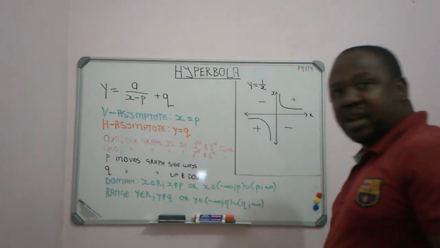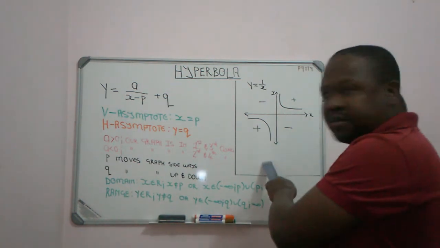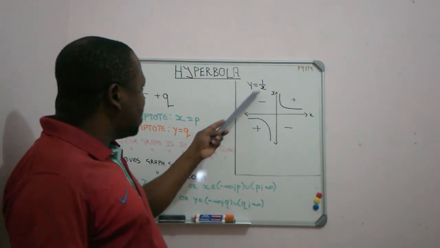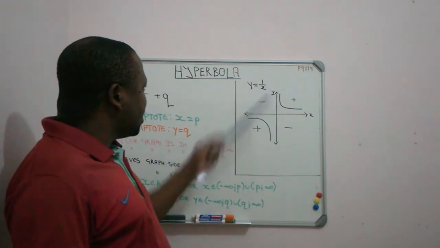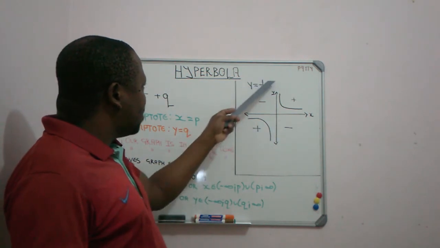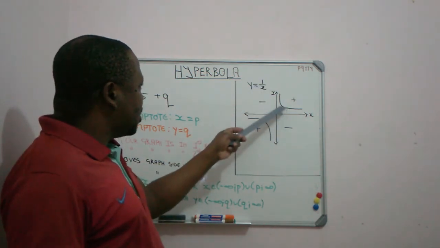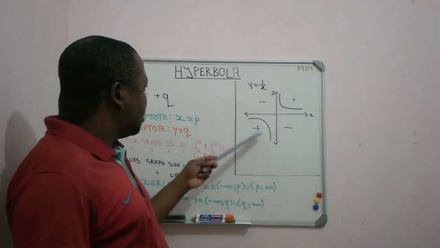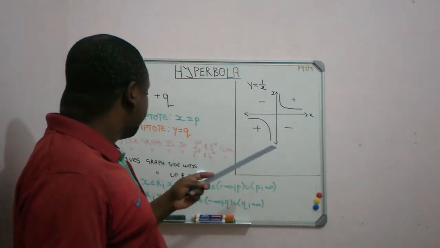For example, here in the graph that we have, we have y is equal to 1 over x, where we have our positive a. That's why the graph is in first and third part.